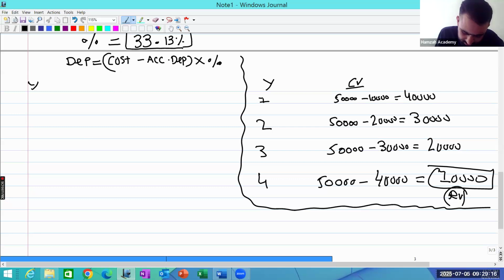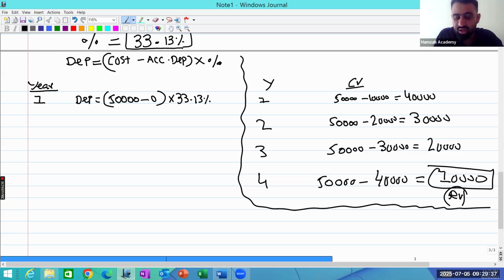Okay, now if I am using the reducing balance, then in year one, the depreciation will be 50,000 minus 0, because there is no accumulated depreciation in year one. So the depreciation of the first year will be 16,565.